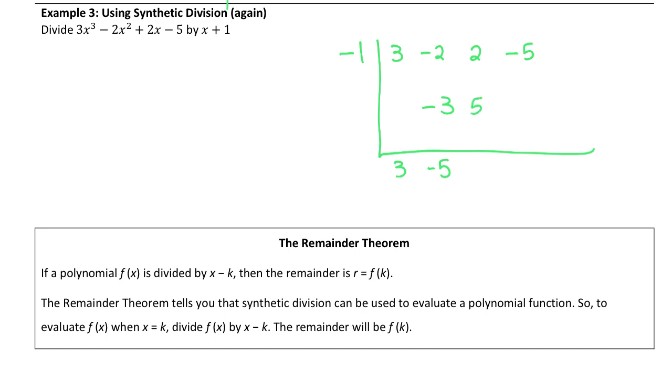This becomes 5, 7, negative 7, negative 12. So, to write my quotient, I'll do it in blue. It's going to be 3x squared, down 1 degree, minus 5x plus 7. And then you can decide either way. You can do plus negative 12 or you can do minus 12. I'm just going to do plus negative 12, plus negative 12 over that x plus 1.